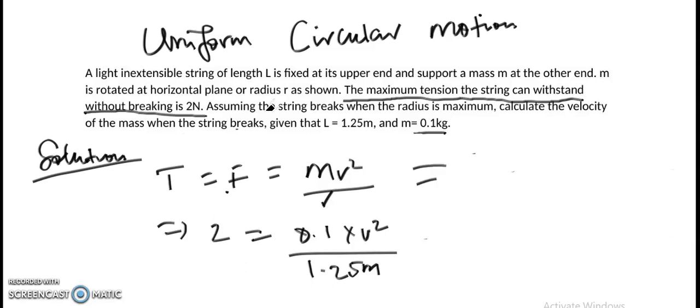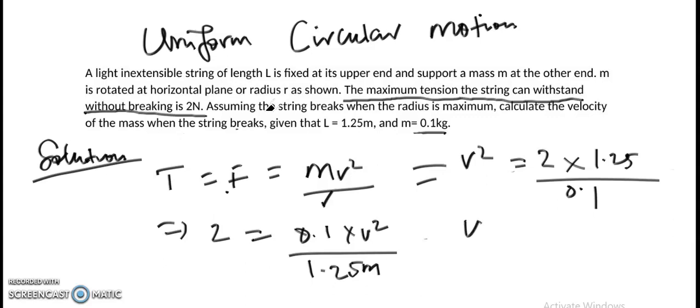So this will imply that v squared will be 2 multiplied by 1.25 divided by 0.1, or you just simply cross multiply so that we make v squared the subject. So put this in your calculator, and you will have v equal to 5 meters per second.